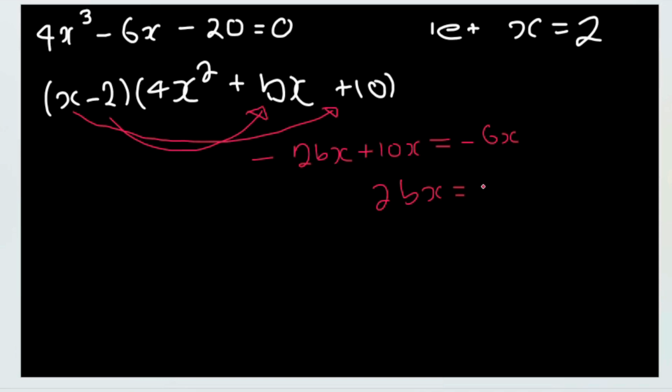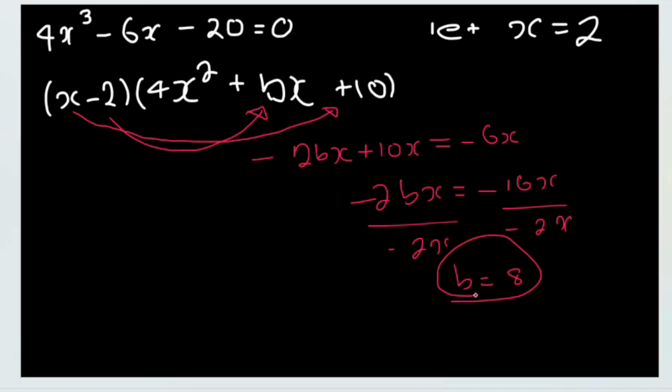Equals to minus 16x. Remember, there's a minus sign and minus sign. I divide by 2x on both sides. Divide by minus 2x. Then my middle term is nothing but it is equals to positive 8. Okay, so now I've got this positive 8.